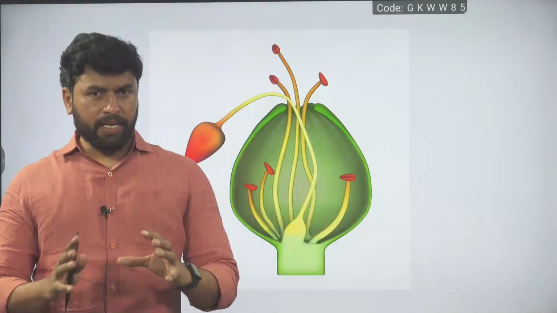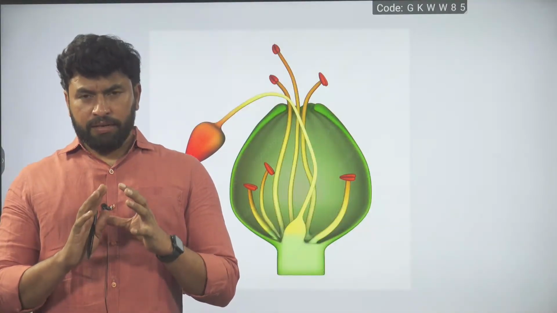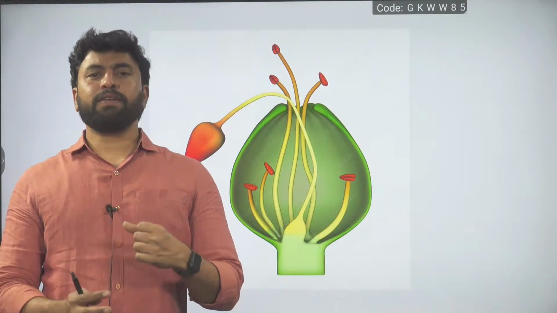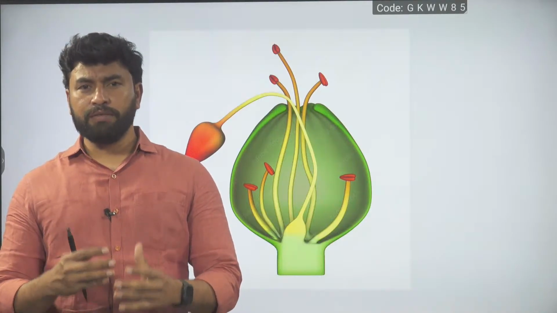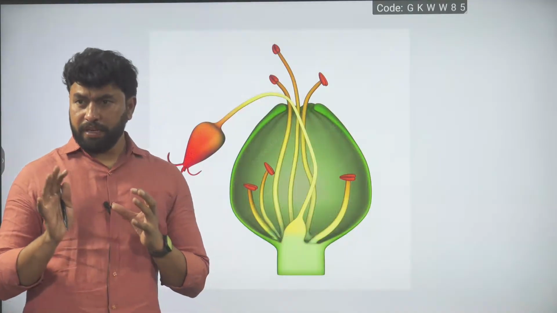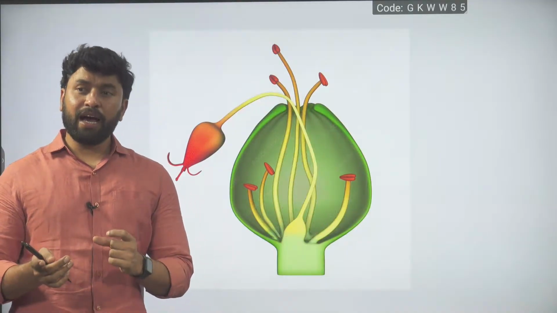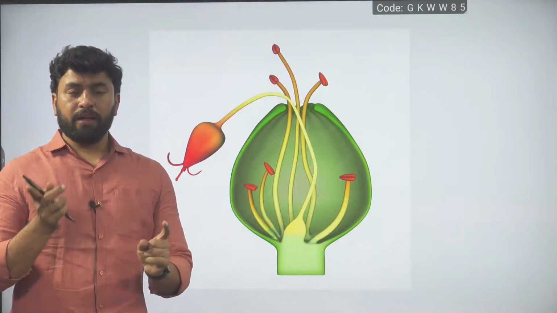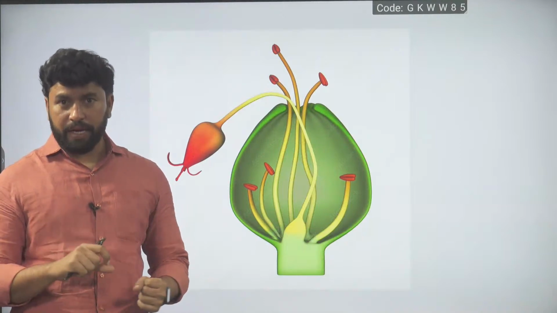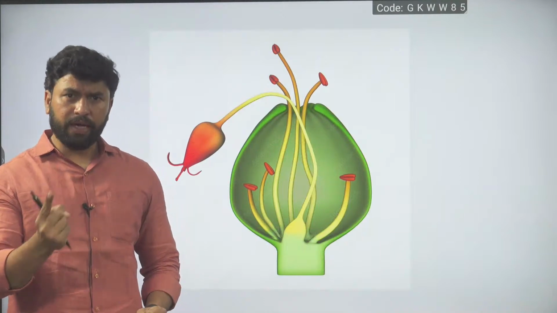Hypanthodium is not a fruit produced from a single flower. It is an inflorescence which has been modified in the form of a fruit. Next, this is a kind of inflorescence, but it appears like a flower. It is an inflorescence that appears like a single flower.